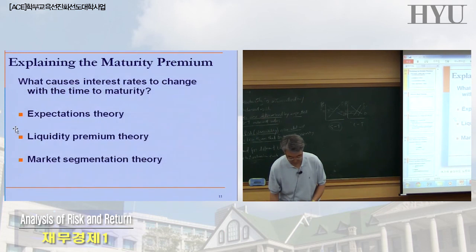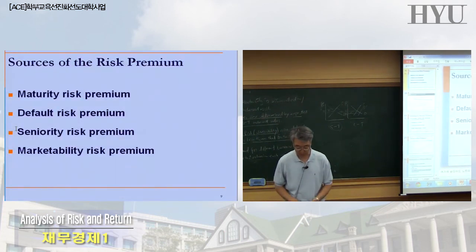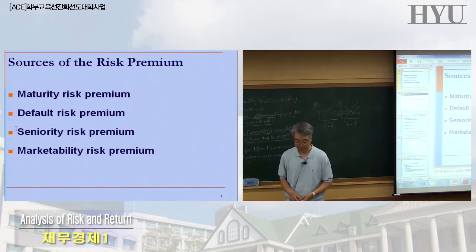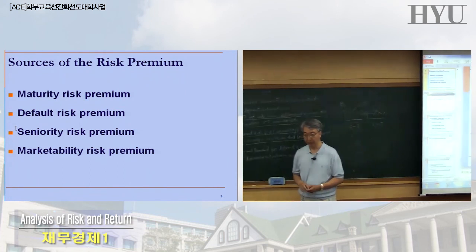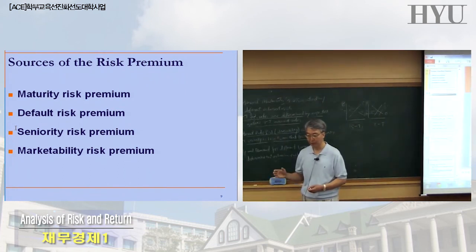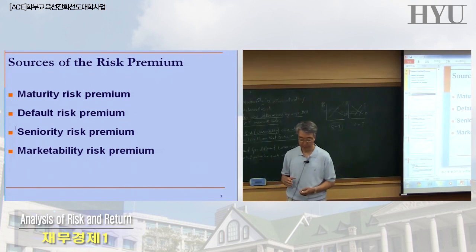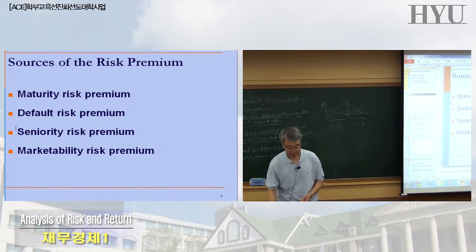Okay, so that's the idea of default risk premium. If you compare the corporate bond and the treasury bond, both will have maturity risk. Make sure you understand that.